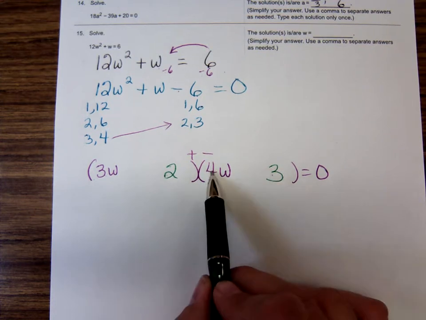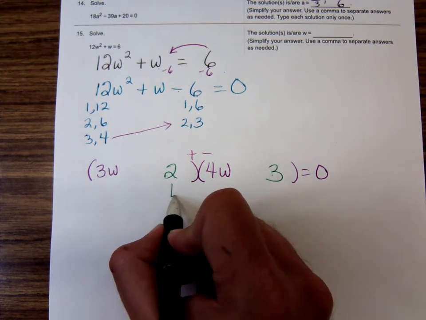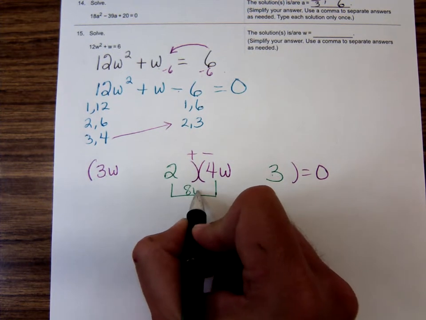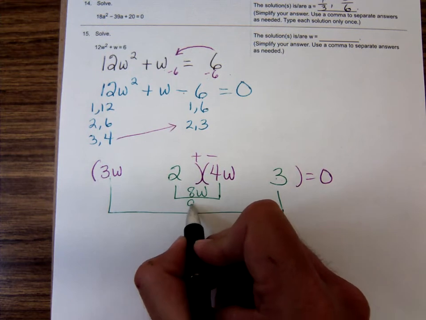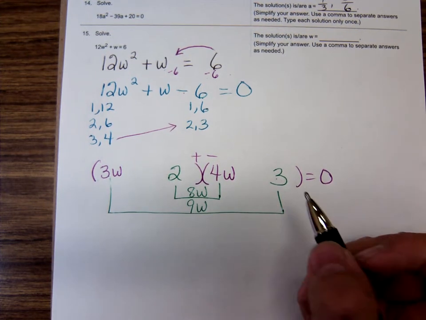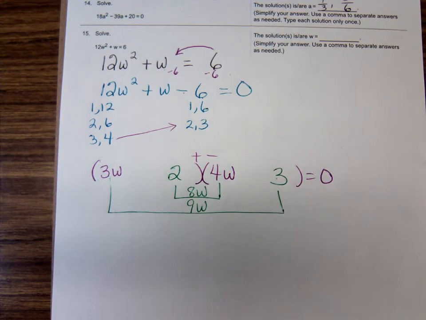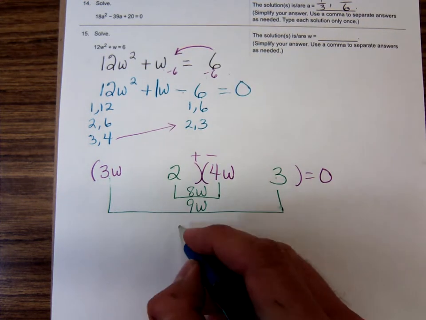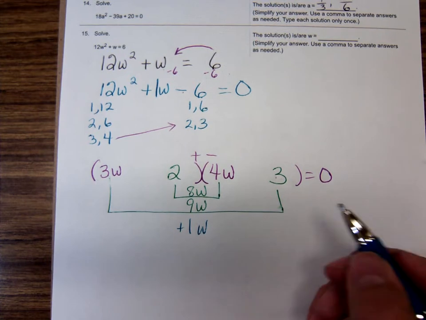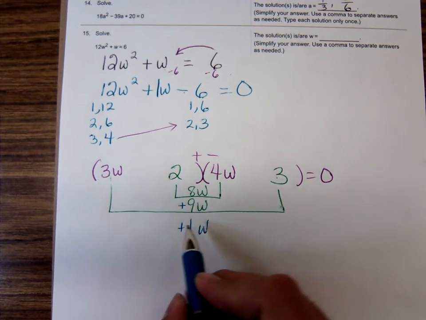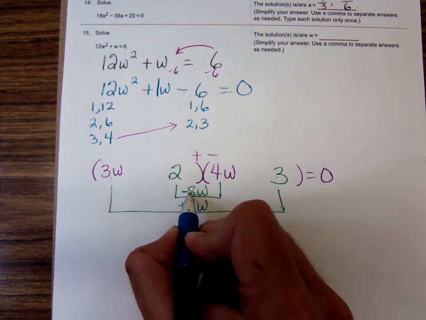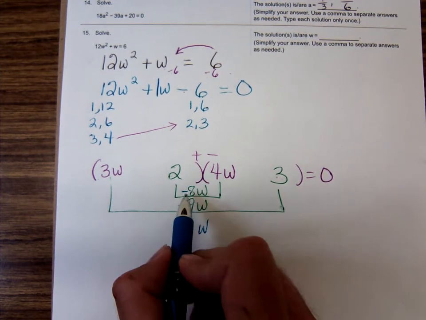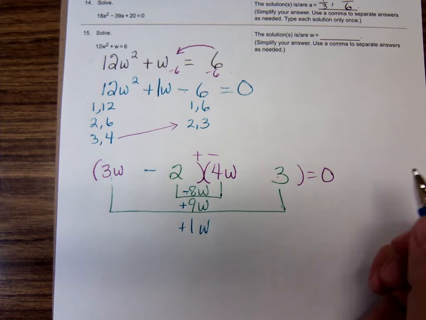So let's see, we would have an 8w and a 9w. Can I subtract those and get a 1? That's what this is, a positive 1w. Sure, the 9, the bigger number, would need to have the plus. The smaller number, the 8, would need to have the minus. So that means a minus there, plus there.